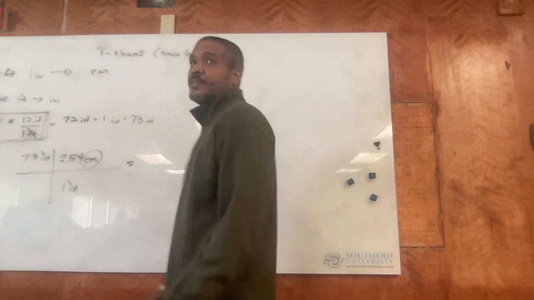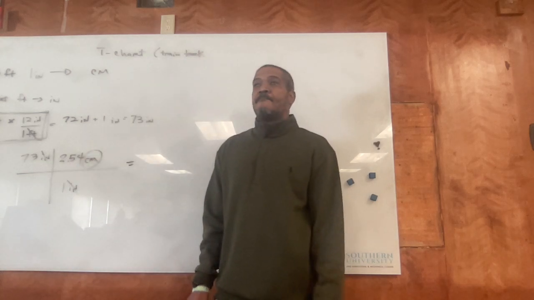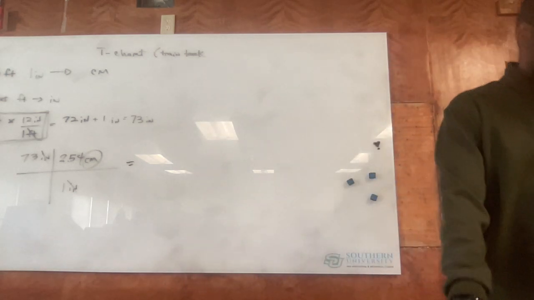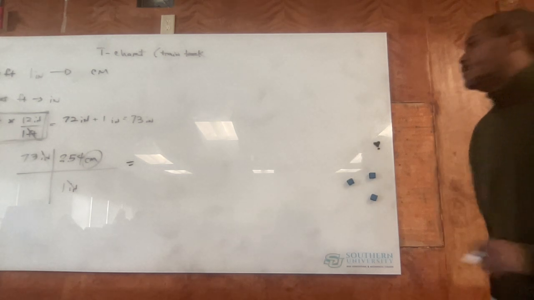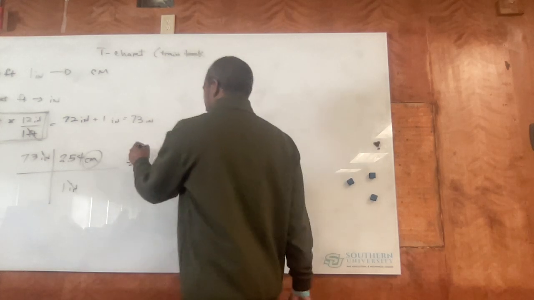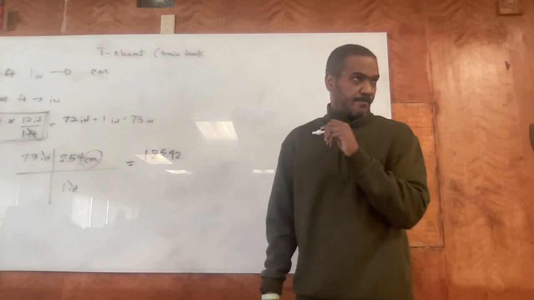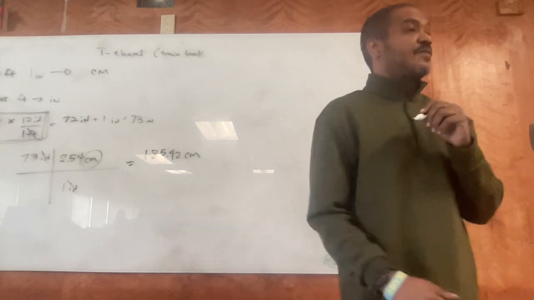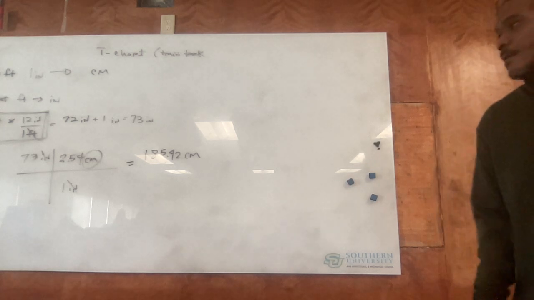So somebody tell me what that number is. 185.42 what? Centimeters. If I left the centimeters off, that's most definitely wrong.